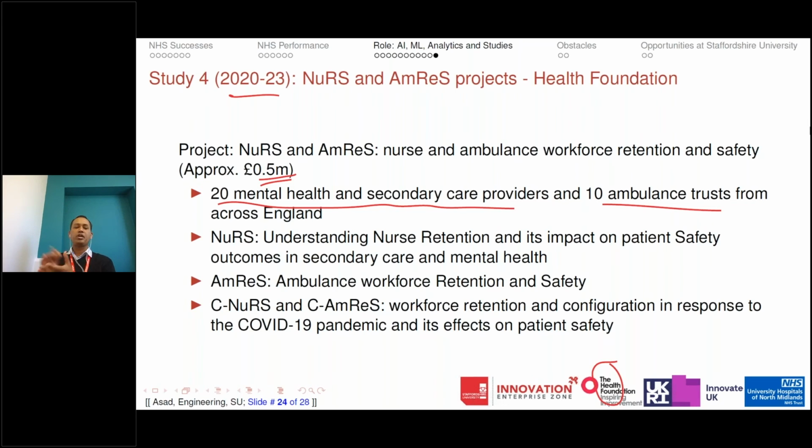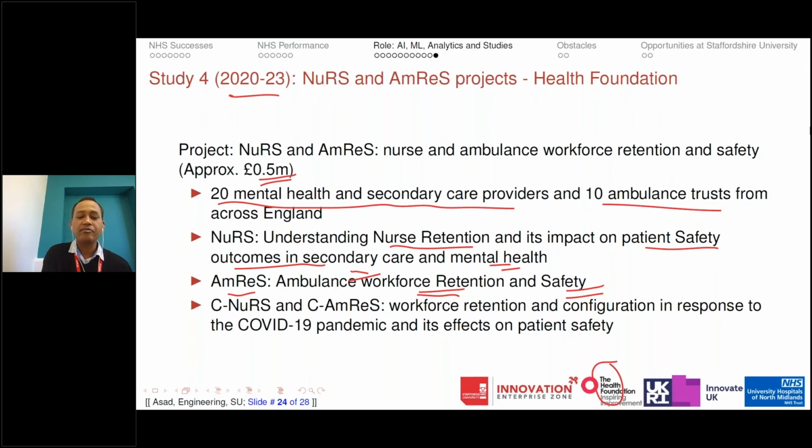So we are talking about a huge amount of data. The objective is to see the nurse retention and patient safety outcomes in hospitals and mental health care settings. Okay. Embrace, the second project, will also look at workforce retention within the ambulance trust and safety as well.